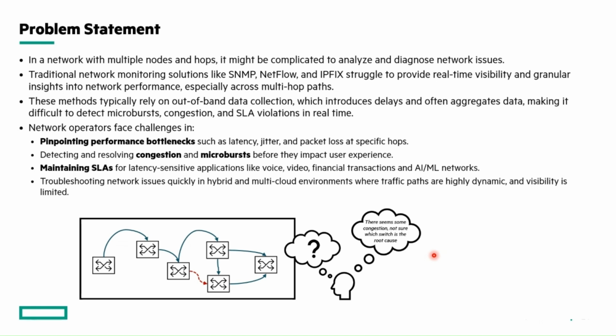Maintaining SLAs for latency-sensitive applications such as voice, financial transactions, or AI/ML networks is very important, and this is where the issues are created the most. Also, network operators face challenges in troubleshooting network issues quickly in hybrid cloud and multi-cloud environments, where the traffic paths are highly dynamic and visibility is very limited.